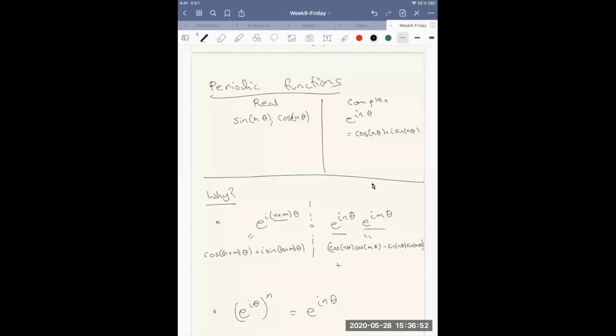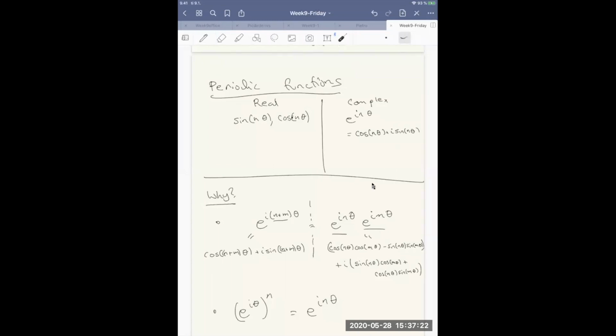And then you will get the imaginary parts, which is the imaginary part of the first term, so sine n theta times the real part of the second, cosine m theta, and then plus sine m theta times the real part of the first, so cosine n theta.